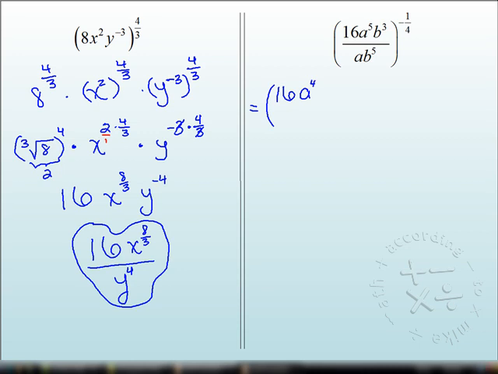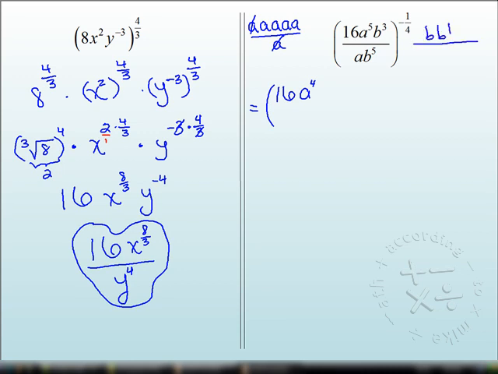Remember, when you have two terms of the same base and you're dividing, you subtract the exponents. Another way to think of that is there's 5 a's up top and 1 a downstairs. So that 1 a cancels off, leaving you with 4 a's up top. With the b's, we'll do it the same way.